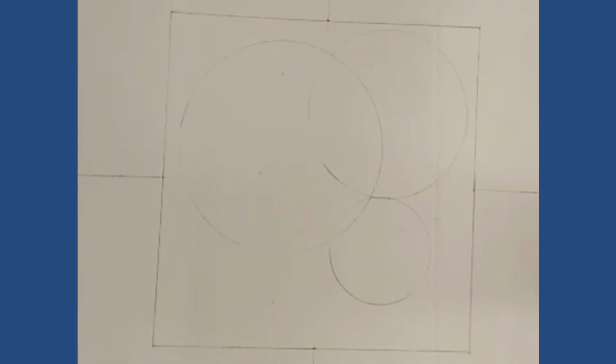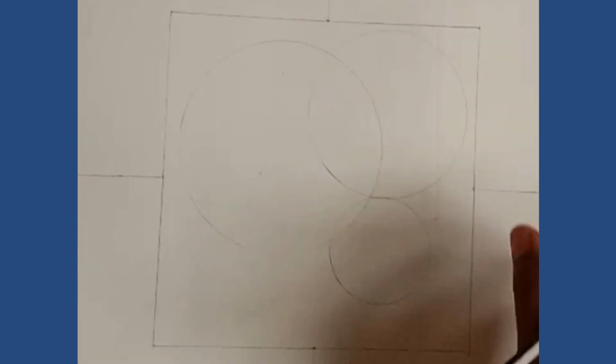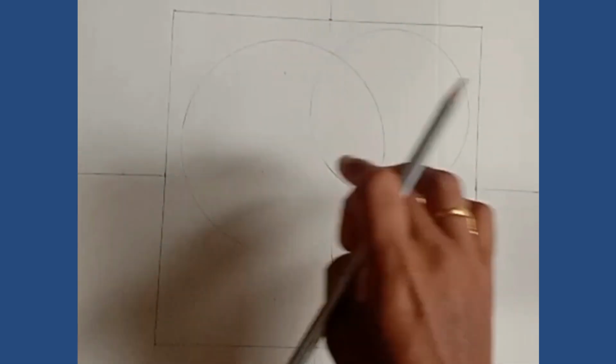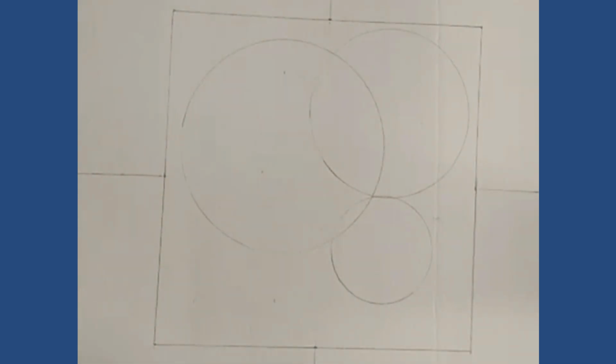Now I have to draw two triangles. Again I am going to draw on this. Yes, this is the correct way. You cannot draw one circle here, second one here, third one here, then a triangle in the remaining place, meaning separate elements. No, you have to do overlapping.